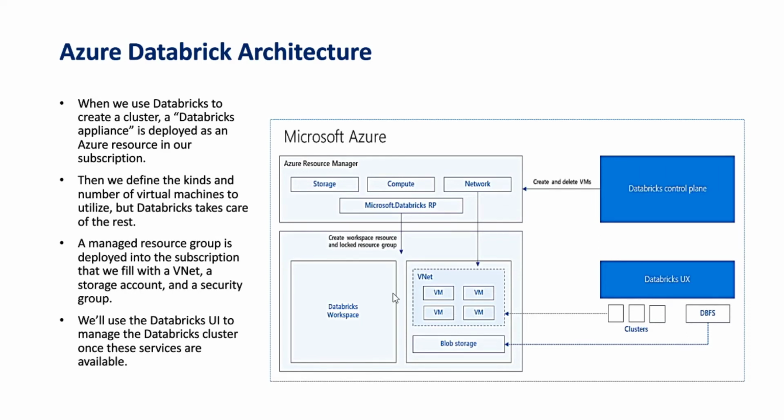A managed resource group is deployed into a subscription, with a VNet, a storage account, and a security group. And we will use the Databricks UI to manage the Databricks cluster once these servers are available. So once we create all the resources, we can use the Databricks UI to manage all the clusters and all the other services. This is what the Databricks architecture looks like.